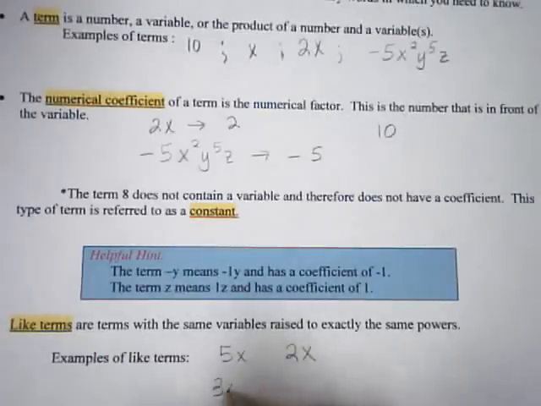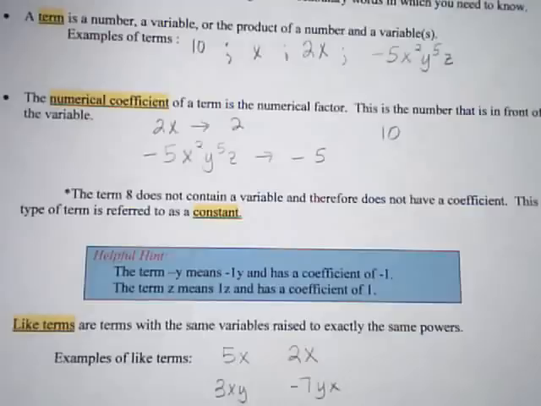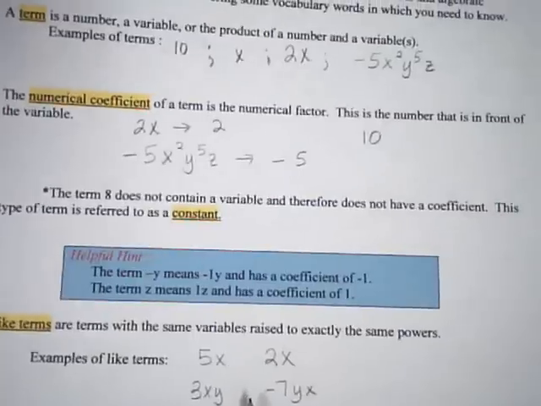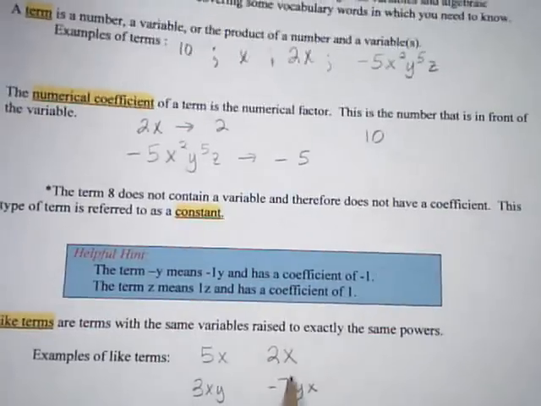Or 3xy and -7yx. Okay, they're not written in the same order. This one has xy, this one has yx, but they're raised to the same power and they both contain those same variables. It doesn't have to be written in the same order. Now, we typically write it xy, because we like to put it in alphabetical order. So these are examples of like terms.